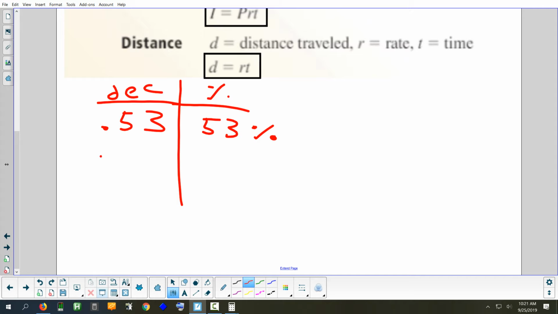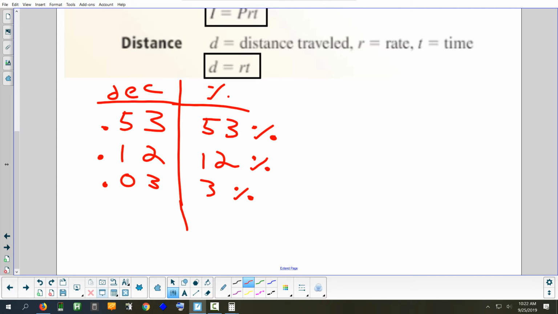Right? How about 0.12? What do you think that would be? 0.12. Yeah? 12%. Also, can you go to the bathroom? Yep. Right. How about 0.03? That's 3%.